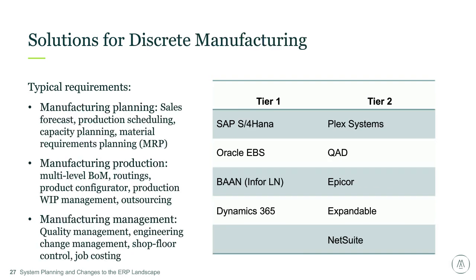For discrete manufacturing, the typical requirements we document for our clients include manufacturing planning, anything from sales forecasting to MRP, manufacturing production, which is the ability to support multi-level bill of material, track work in progress, and support outsourced manufacturing, among others.